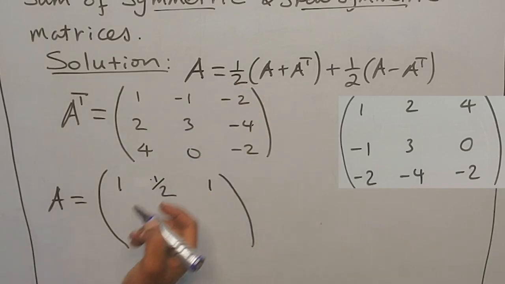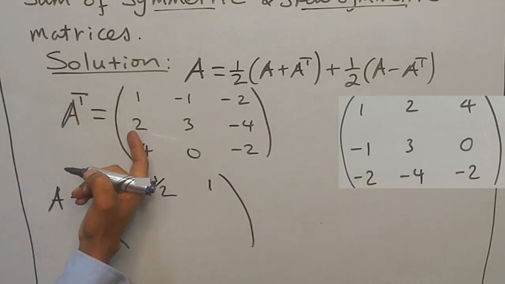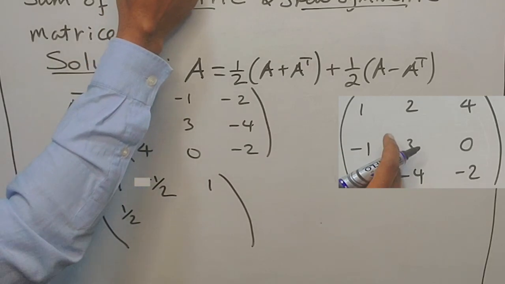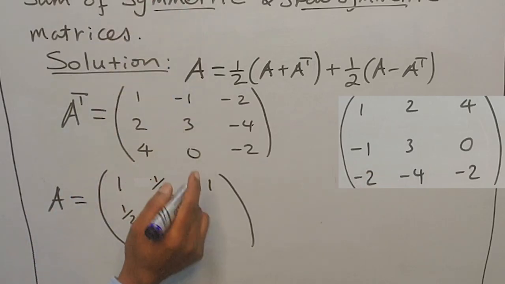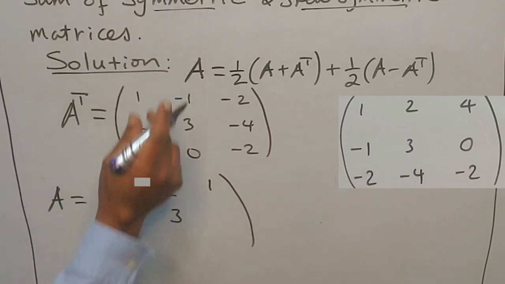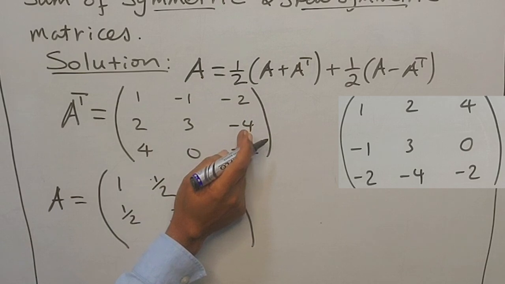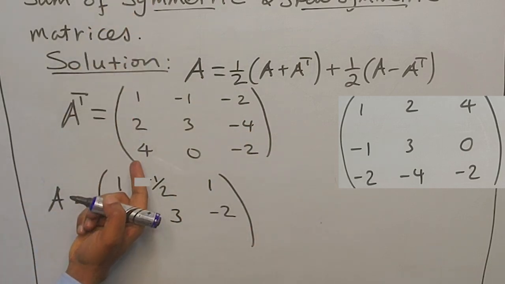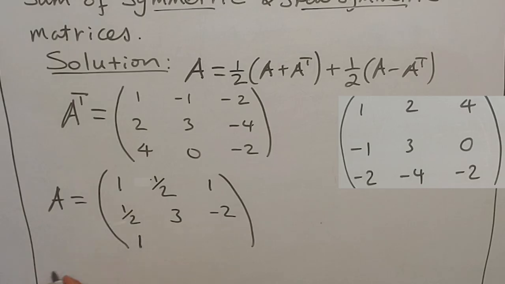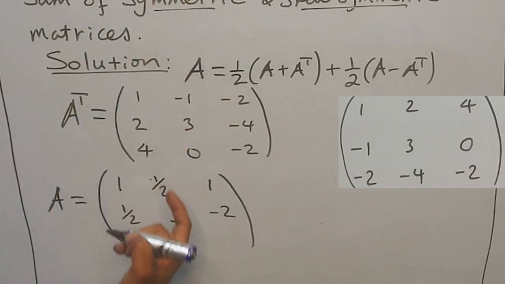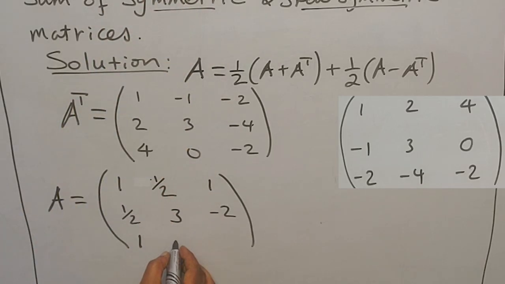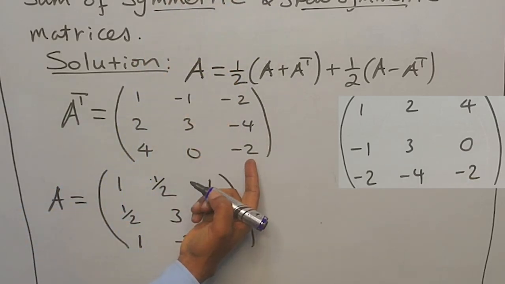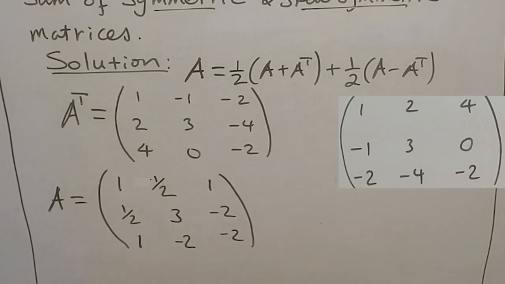Minus 1 plus 2, positive 1, over 2, 1 over 2. 3 plus 3 over 2, that's 3. 0 plus minus 4 over 2, minus 2. Minus 2 plus 4 over 2, positive 1. Minus 4 plus 0 over 2, minus 2. Minus 2 plus minus 2 over 2, minus 2.